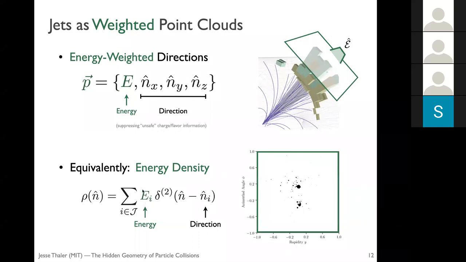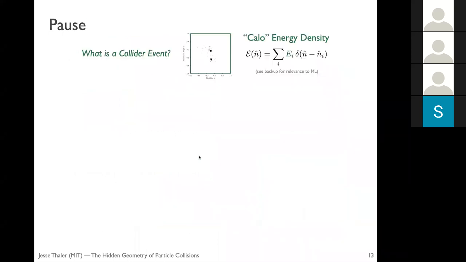We have energy deposits, or in the case of hadronic calorimeters, pT deposits, localized at some point in rapidity-azimuth space. And this energy density is going to be the answer to the question, what is a collider event? A collider event is an idealized calorimeter energy density.